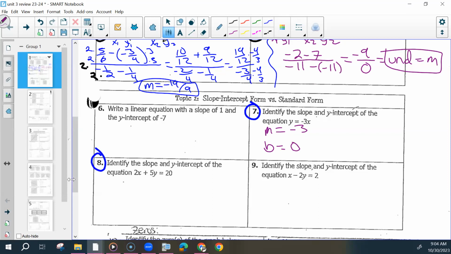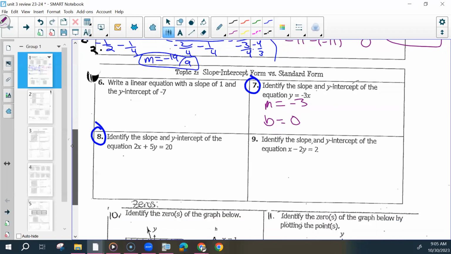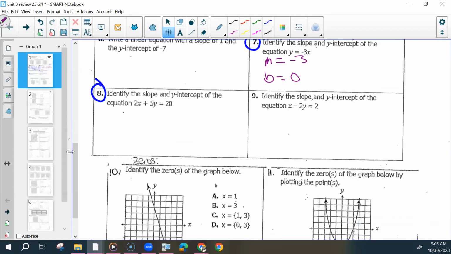Now 8 is similar, but we have to solve it first. So to solve this, we would have to get rid of the 2x by subtracting, and divide everything by 5.